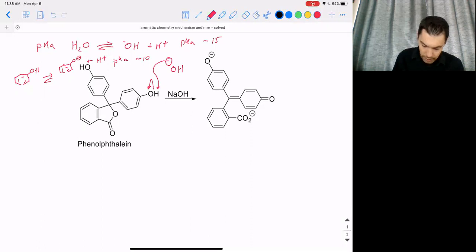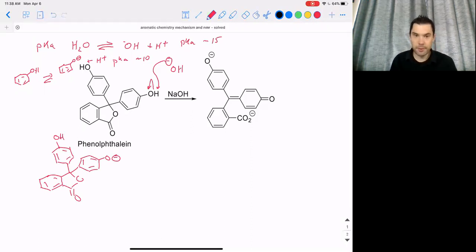Okay, so then we can deprotonate that, and this is just going to take me a little bit of drawing here to get the phenol deprotonated like this. And then often with charges, we like to go downhill if we can. And so one fun thing to do with that is to use resonance.